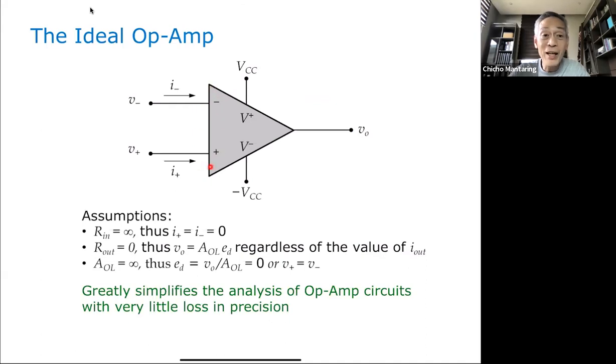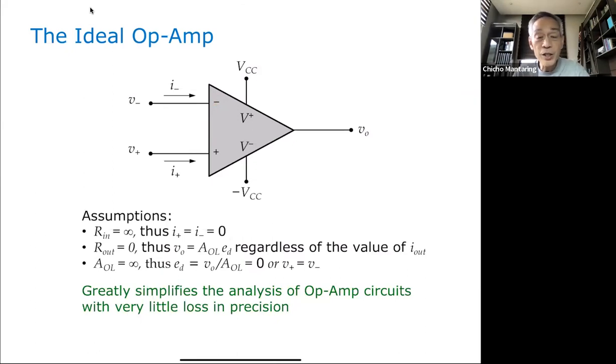Parang walang nakakabit dito between the negative and the positive. So that, if that is infinite, ibig sabihin nun, yung I minus, the current entering your inverting input, is equal to I plus, the current entering your non-inverting input, which is equal to 0. That is if your input resistance is infinite.